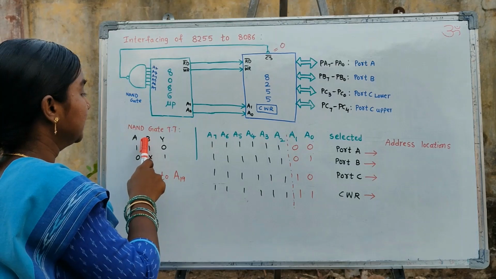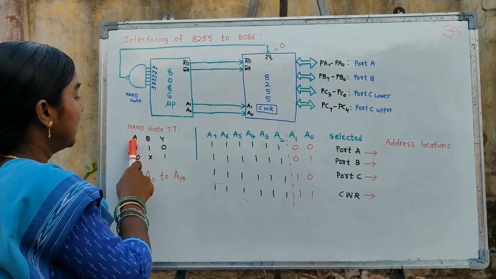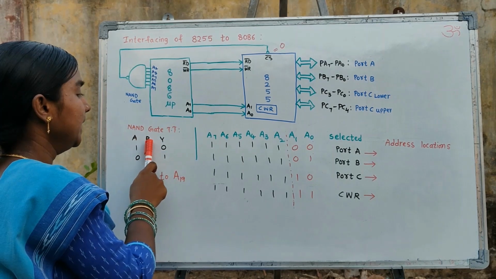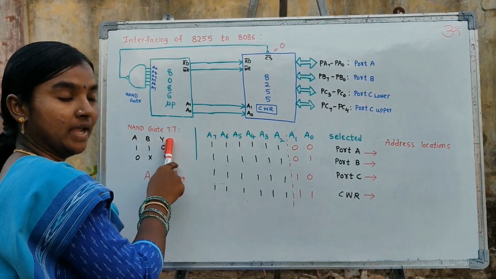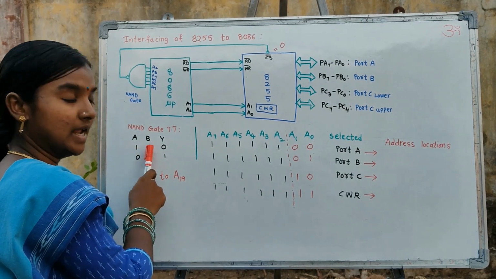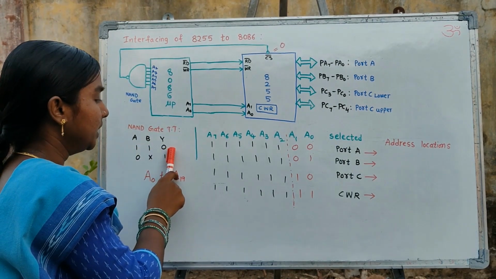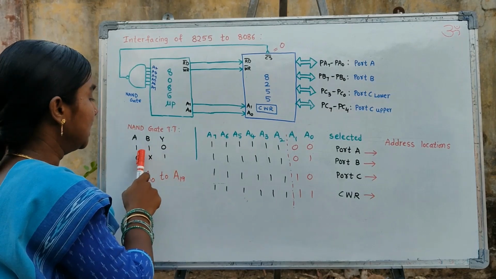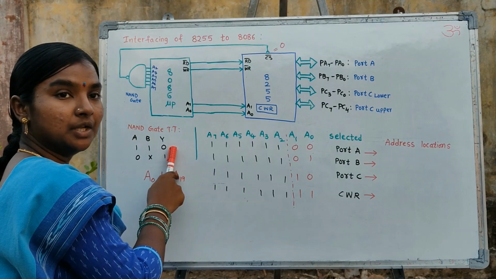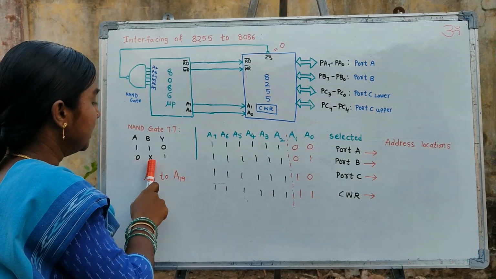For example, if I consider two inputs A and B and the output equal to Y, when both inputs are 1 and 1, the output equals 0. The operation is 1 into 1 equals 1, and the complement is 0.